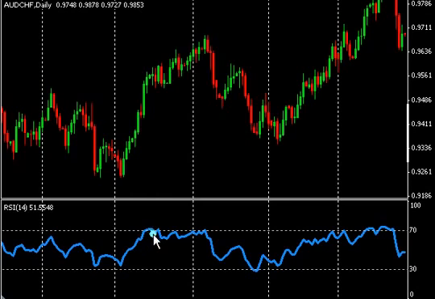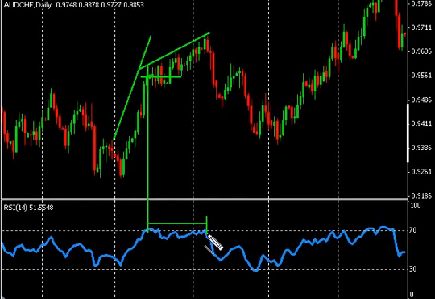Price tends to be overbought when we get up to this range, and at that moment you can see that the momentum has decreased.